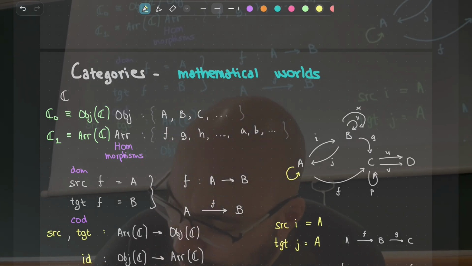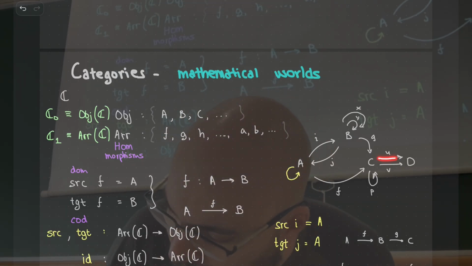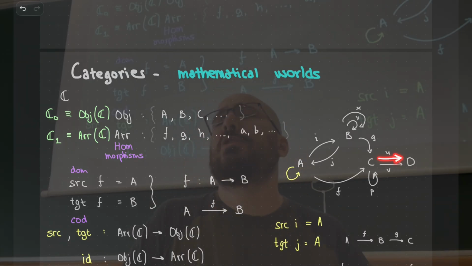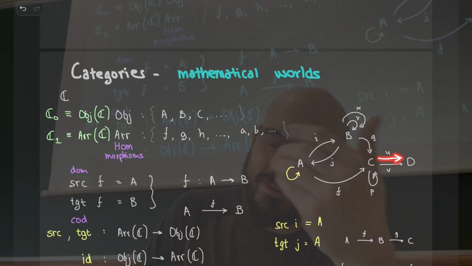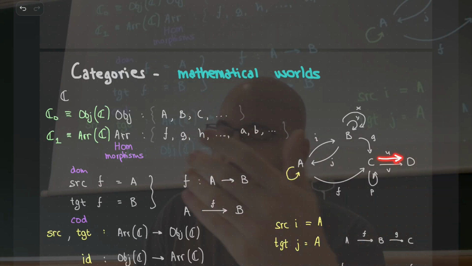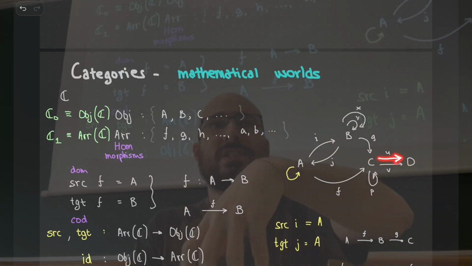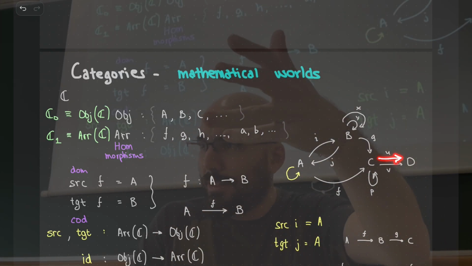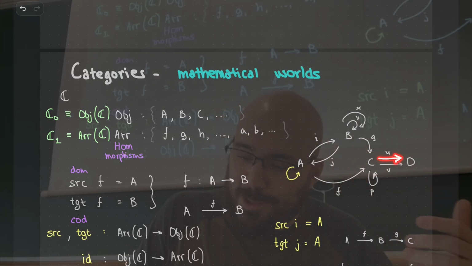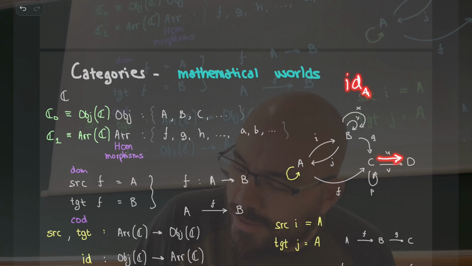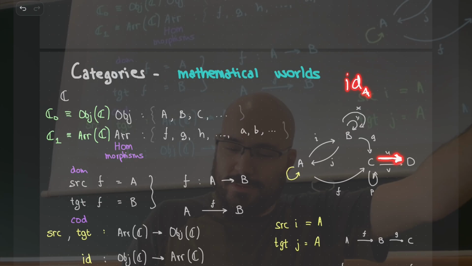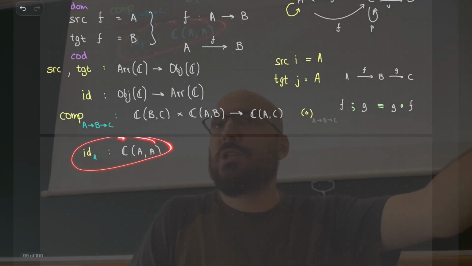Okay, maybe the identity of A is this arrow here. And you'll want to pick up a fight with me, obviously. Why call it the identity of A? And you'll be right, but I need somehow to put this in the specification because until I do that, for all I care, maybe the thing that is called id A is this arrow here. So this is prohibited exactly by this thing that Manuel has put there.